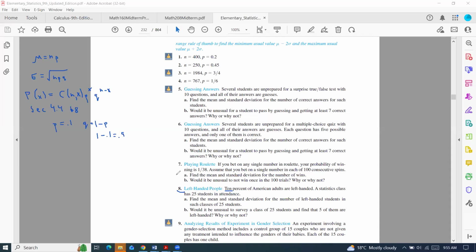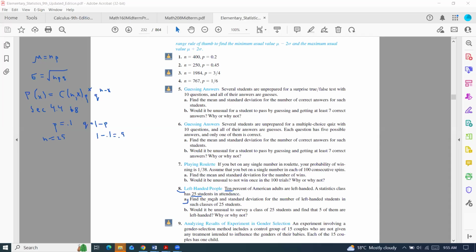And then the next sentence says 25 students, so that's the number of people or sample size. That's the only skill you really need for this, because what we do is just identify the numbers and what letters they correspond to, so we can put them in the formula.